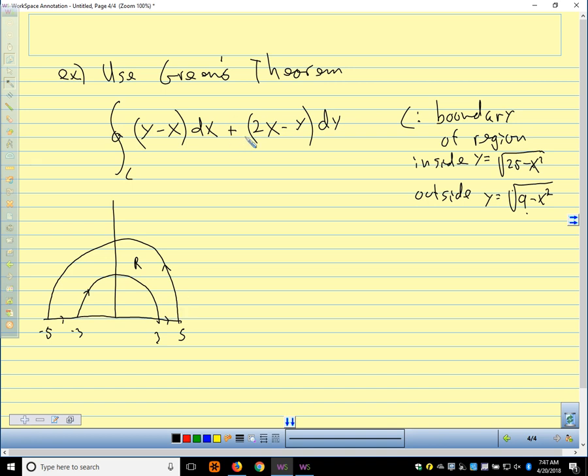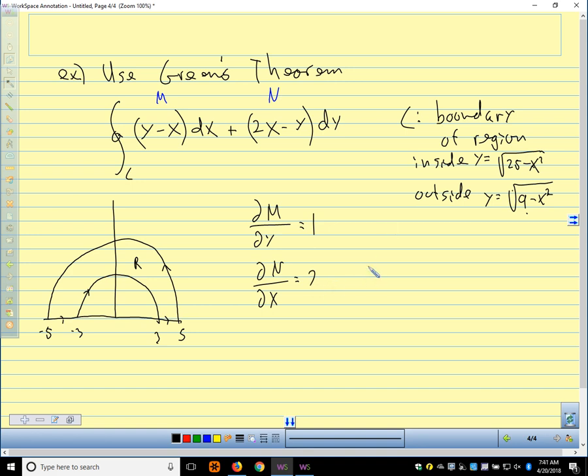Well, let's use Green's theorem. This is M, and this is N. dM/dy is 1. dN/dx is 2.